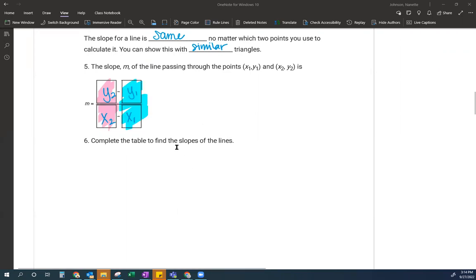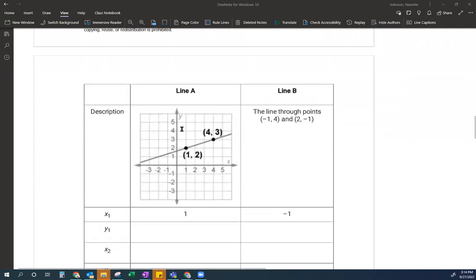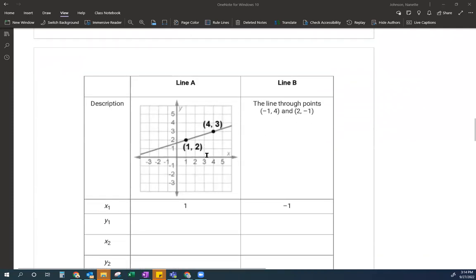So complete the table to find the slopes of the lines. So here you're going to find the slope of the line. So the very first thing is they want you to, let's see, what do they want you to do here? So if x1 is 1, then y1 would be 2.